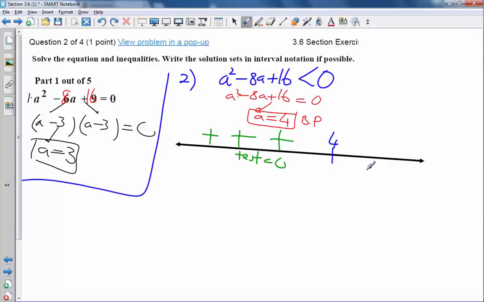Alright, how about the next value? What value do you want to test here? Test 5, 10, 100. Anything more than 4 is good. When I put 5, 25, minus 40, plus 16, total is 1. Positive 1. Oh my god, this is strange, because mostly during exam stress, you guys flip signs.